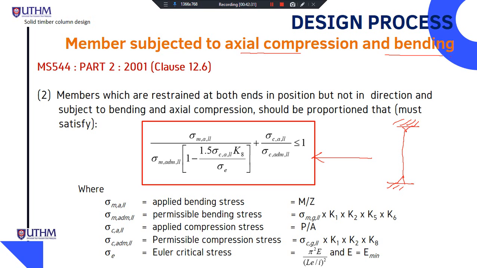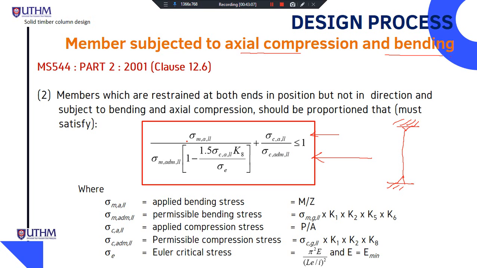This member is subject to bending and axial compression, so it must satisfy this condition. This formula must be less than or equal to 1.